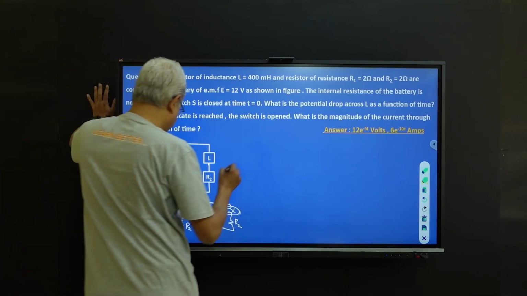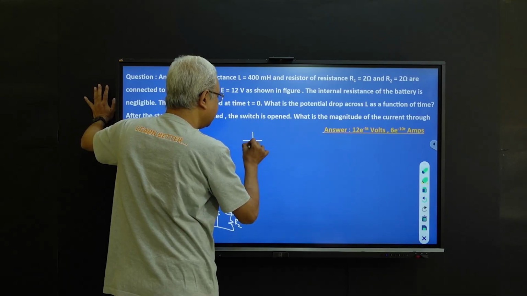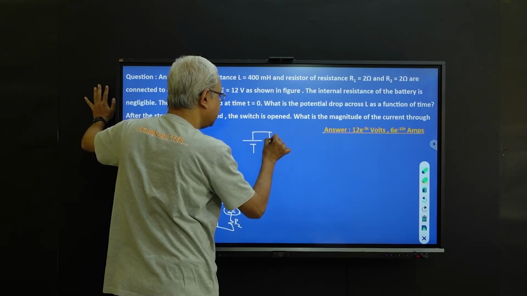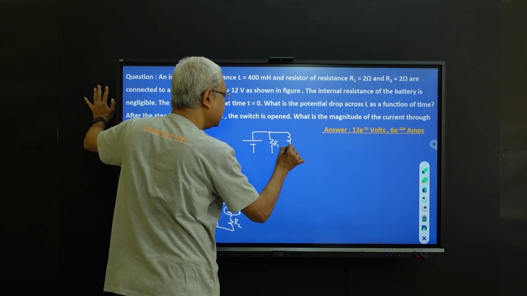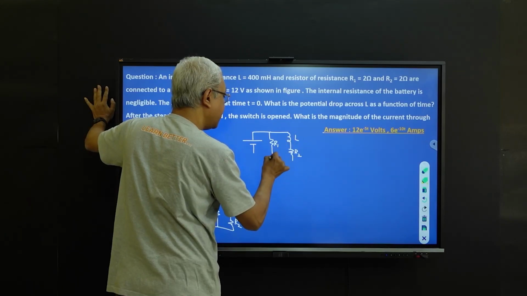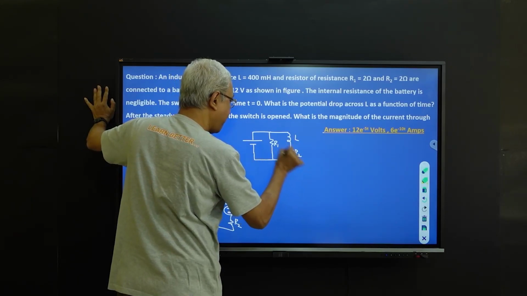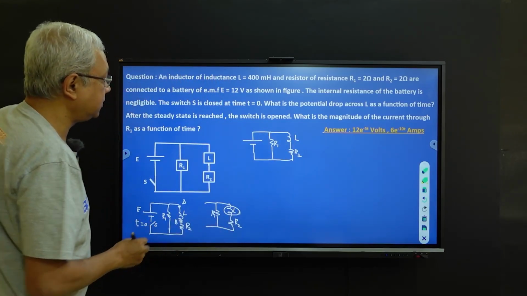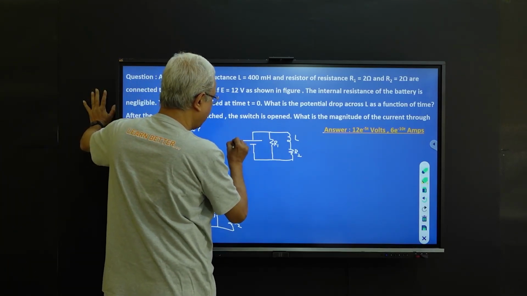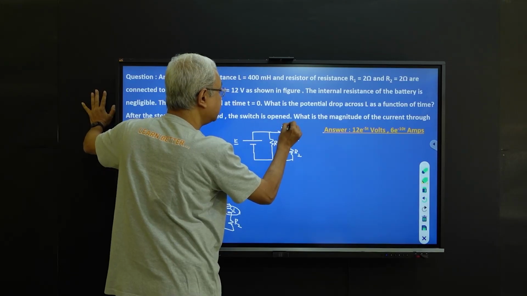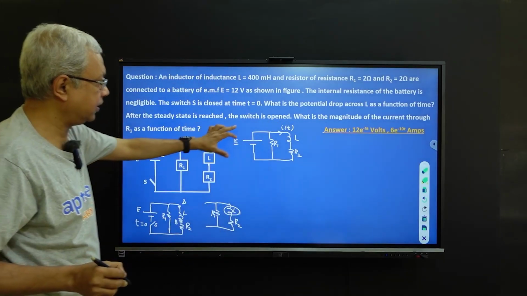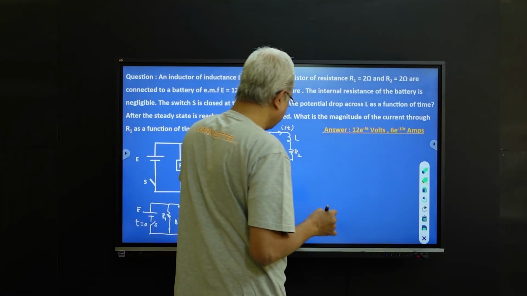Now when it is switched on, let us draw the circuit once again. This is R1, this is L, this is R2, and this is E. Now the current through this particular branch, I call it I as a function of time.